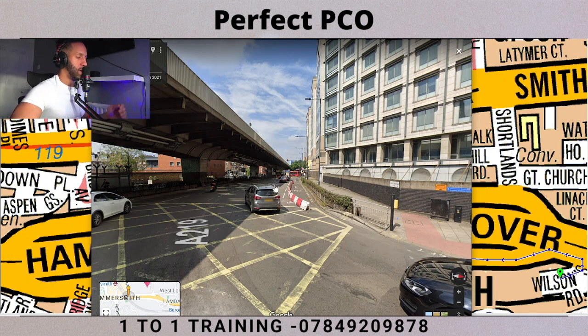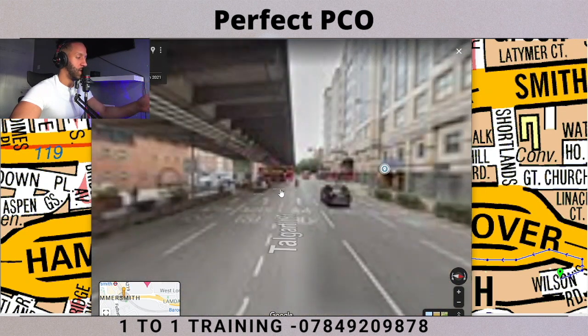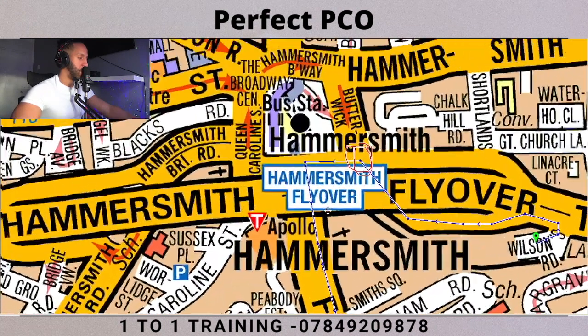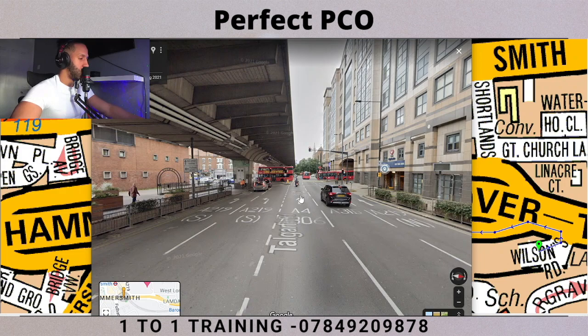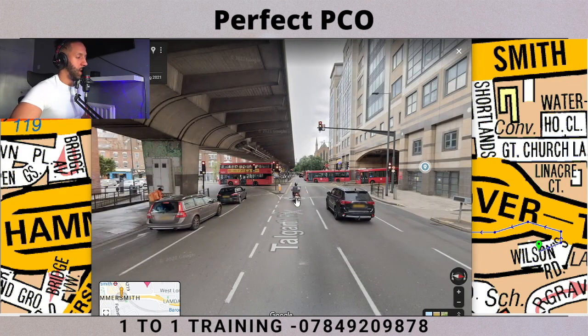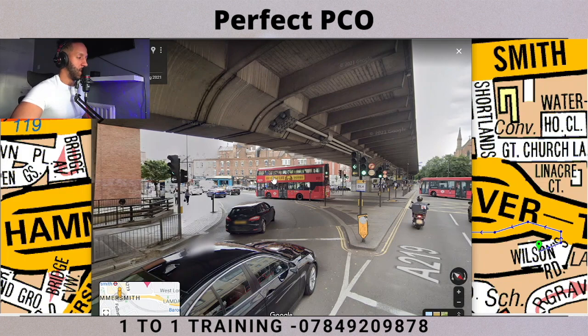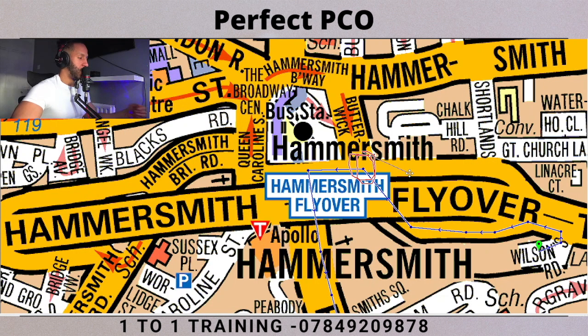So now we can continue going straight because we want to turn left down Fulham Palace Road. So let's go straight. We're underneath the flyover here. Now we want to take this left because that is Fulham Palace Road. Where you see this bus going down underneath the flyover. So that bus is located.